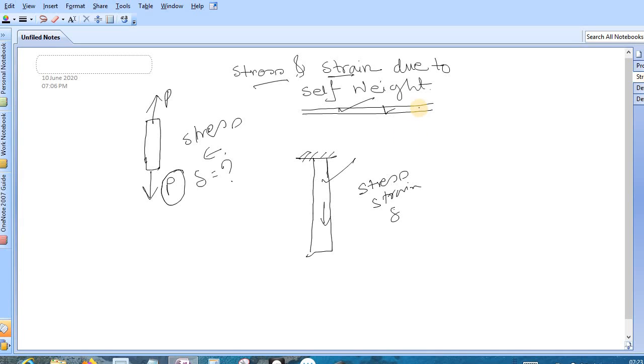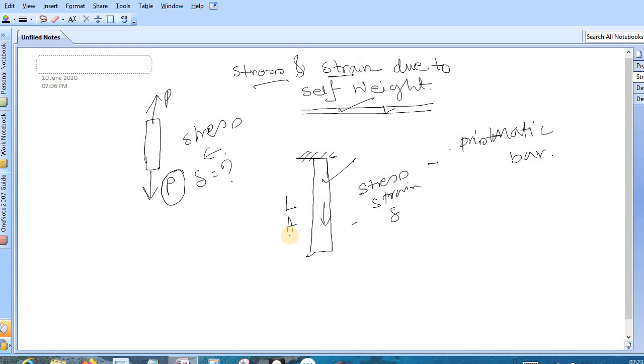So let's start. First assume any bar, let's say this one, the total length is L and cross section is A, and it is constant throughout the length. That means this is a prismatic section, a prismatic bar.